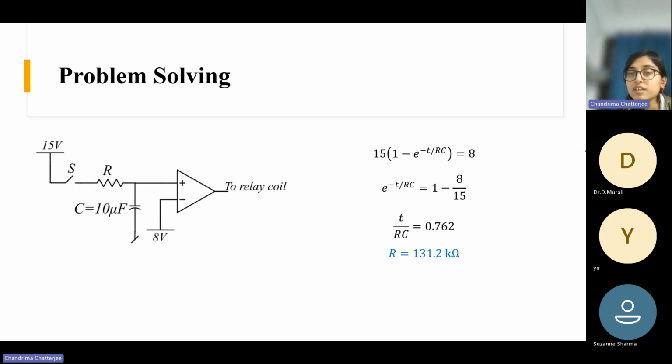So here I have put 15, this is t by RC, this is 8, and t is 1 second, that is given. If you put all these values and solve this equation, you will get an R value of 131.2 kilo ohm, and the C value is given as 10 micro. So you need an R value of 131.2 kilo ohm.